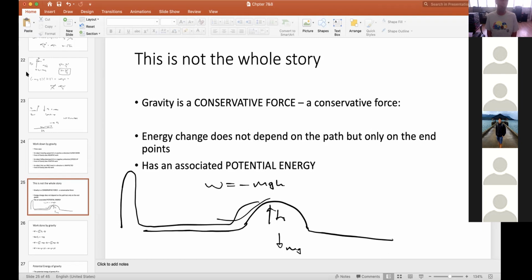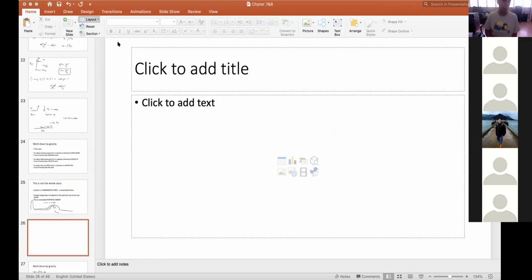Trying to think of a better example of this. Anyway, I guess the best example I can give you is actually a mathematical one.